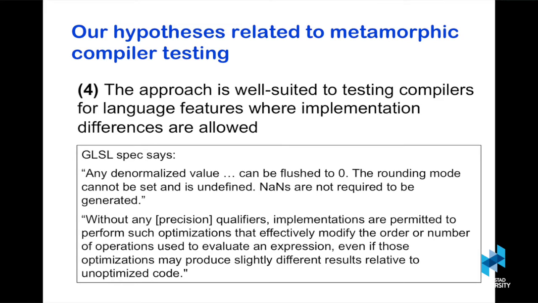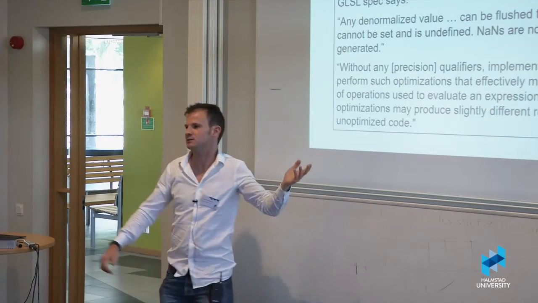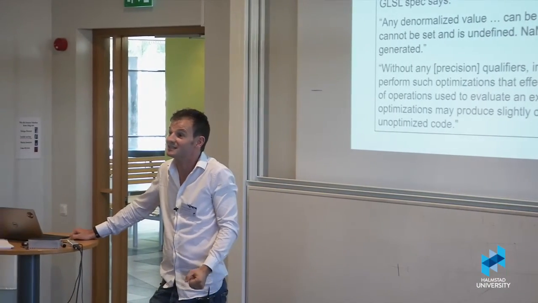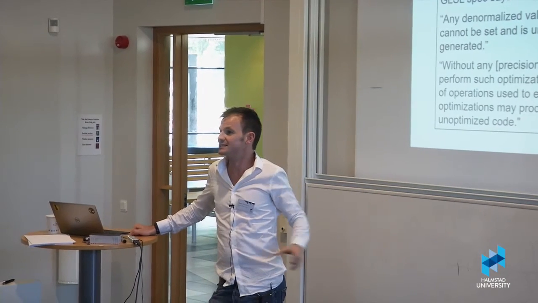And then even tougher, without any precision qualifiers, which is a detail of GLSL I won't go into, implementations are permitted to perform such optimizations that effectively modify the order or number of operations used to evaluate an expression, even if those optimizations may produce slightly different results relative to unoptimized code. So as a graphics programmer, this might sound reasonable. As someone who's interested in static analysis or formal verification, this is very worrying because what does slightly different mean?